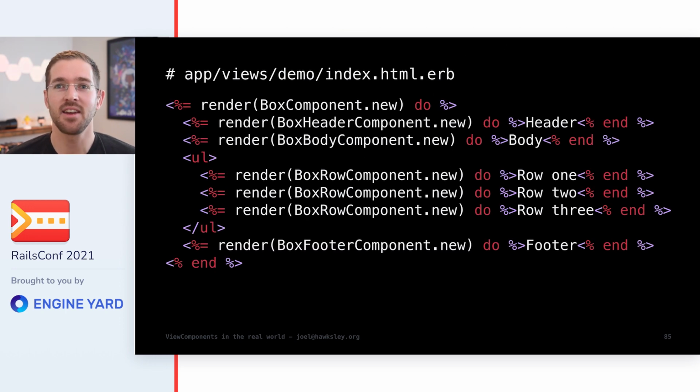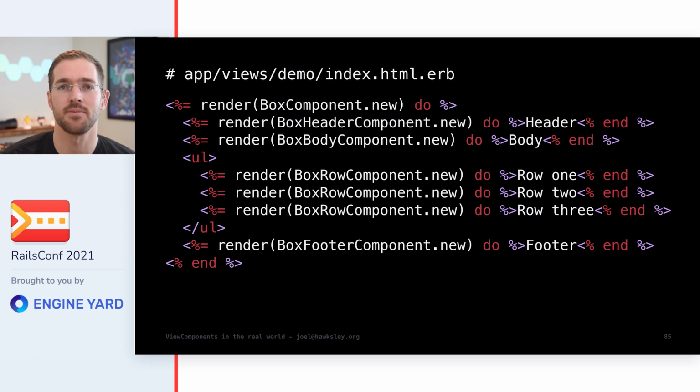Skipping a few steps ahead, you could imagine that we might end up with components for all of these pieces of a box. But this implementation puts a lot of burden on the developer using all of these components because for the box, the order of elements matters. The header needs to be first, the footer needs to be last, and just generally, this implementation doesn't prevent the misuse of the design system.